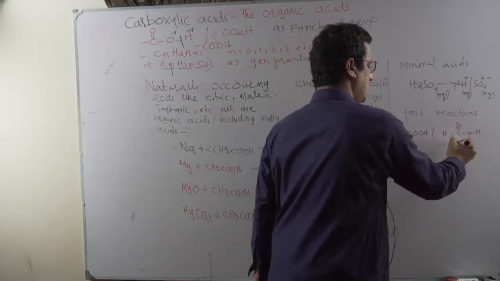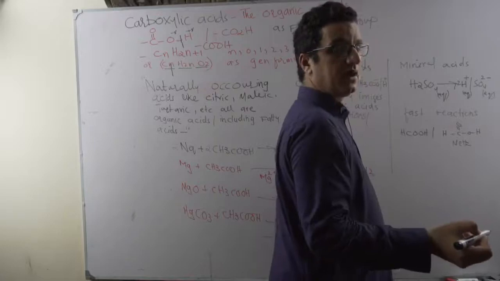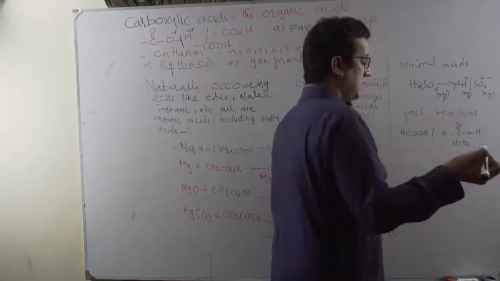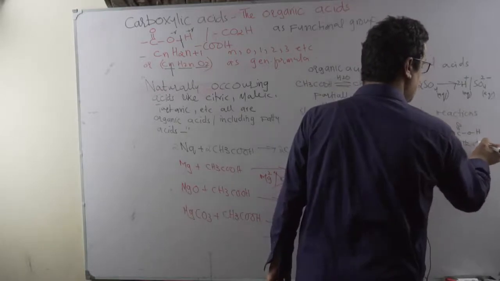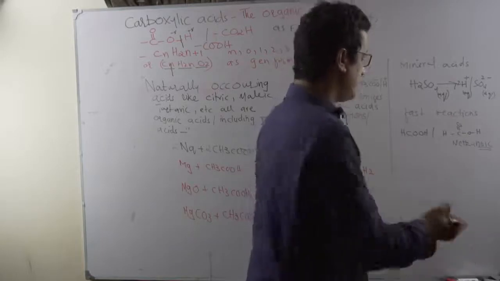Since it has one carbon, as a rule it is meth, but not methane, not methanol, rather it is methanoic acid. Oic goes for carboxylic.